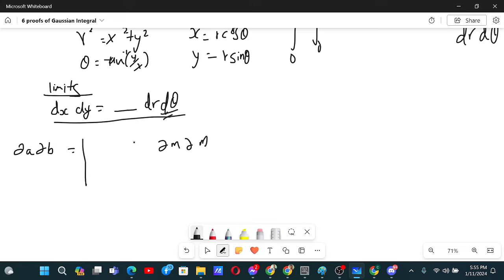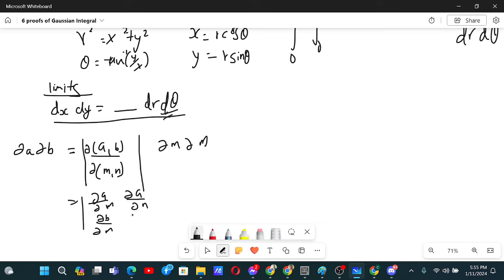We will have a determinant, the determinant of A B with respect to m n, and this can be found as the determinant of dA by dm, dA by dn, dB by dm, dB by dn. So we will use this determinant, and then dm dn. Now let's do that.